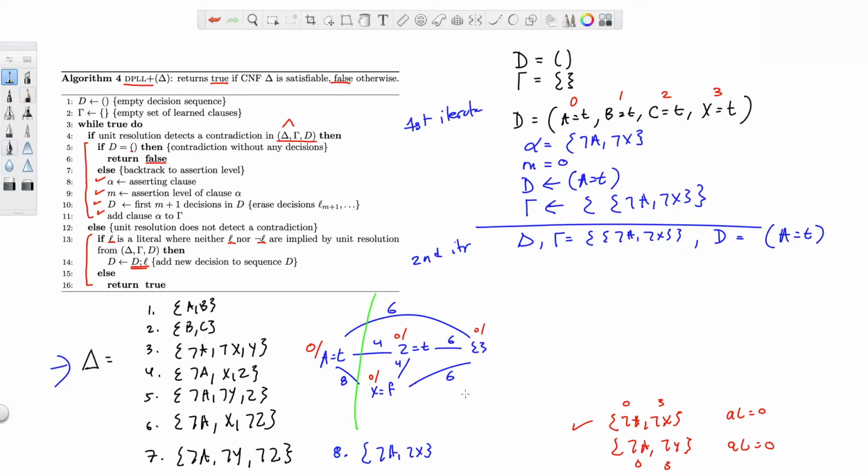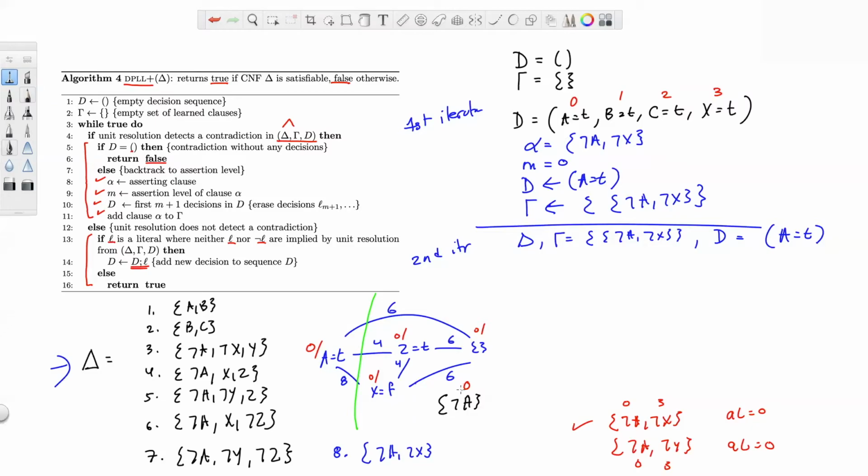So from this cut I learn the clause not A, a unit clause, based on this implication graph. The level here is 0. Is this an asserting clause? Yes, it is, because an asserting clause should have one variable setting at the last decision level.